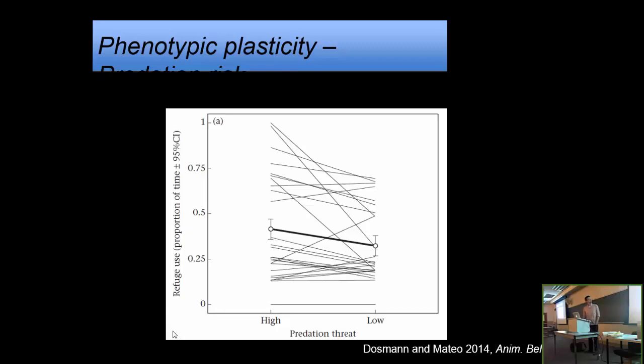And we see a couple things. There's a significant main effect, although what's much more striking is that there are substantial individual differences in individuals' behavior. So we see the difference in the height of that reaction norm, so to speak.